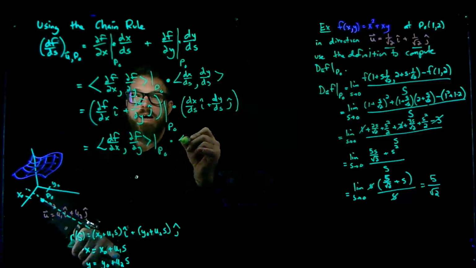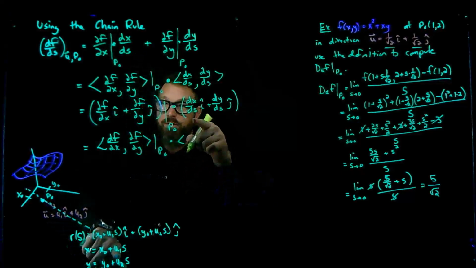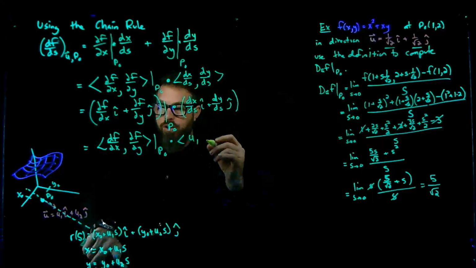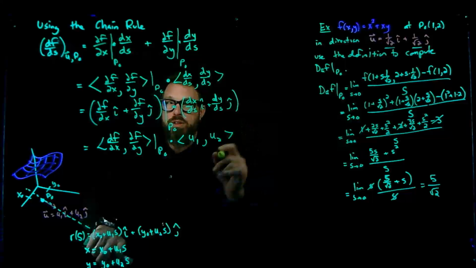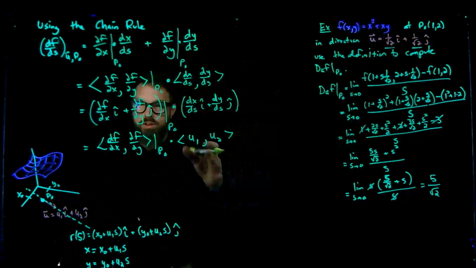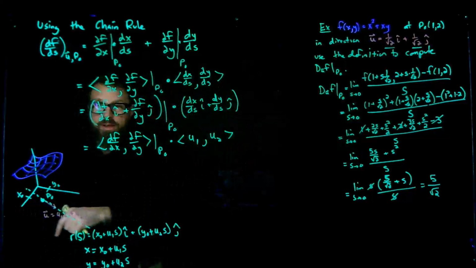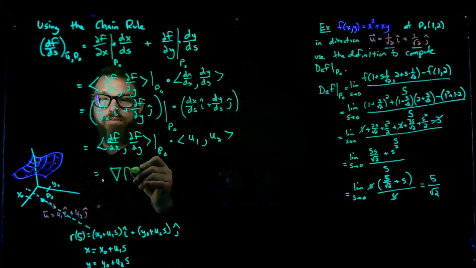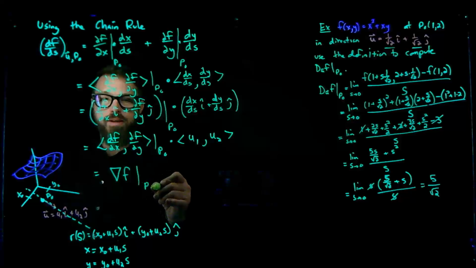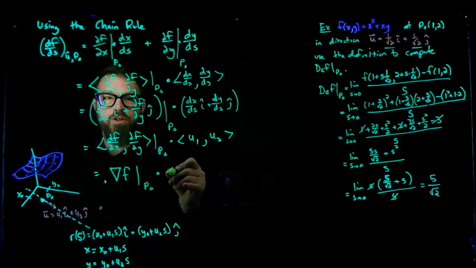And this is going to be dotted with the vector, well, the first one, the derivative of x with respect to s is going to be u1, and the derivative of y with respect to s is going to be u2, which is nothing more than the velocity vector, which is just the direction of that particular thing. So what we have here is called the gradient of f, evaluated at p naught, dotted with its direction.